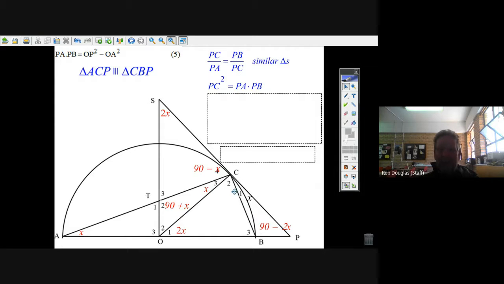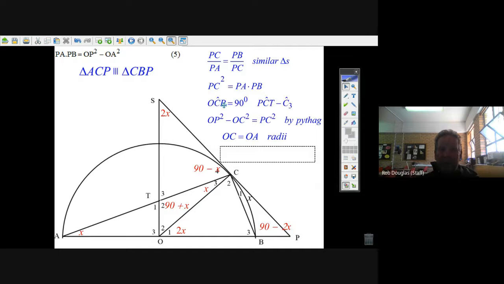We can show this is a right angle triangle, and that's what we do. OCP, this angle here, must be a 90-degree angle. Why? Because PCT, which is 90 plus X, if we take away this X, we're left with the angle OCP. So OCP is 90 degrees.